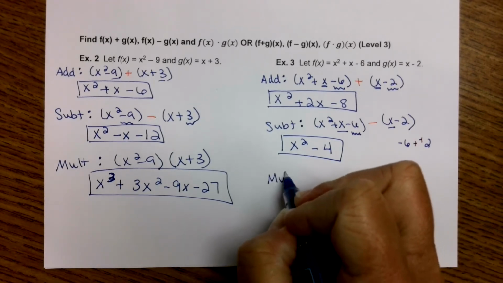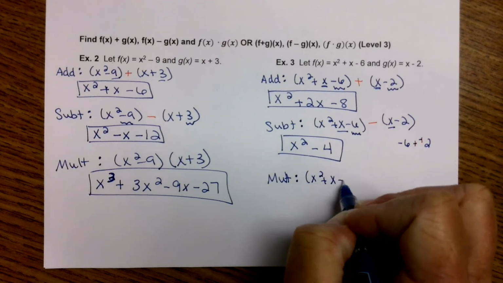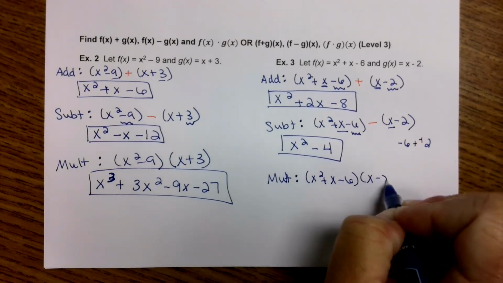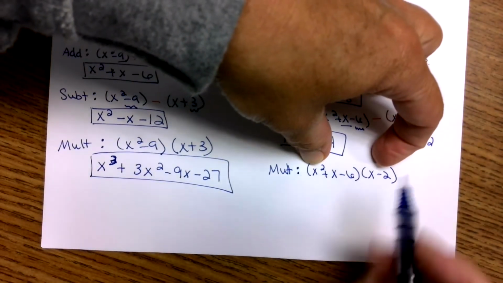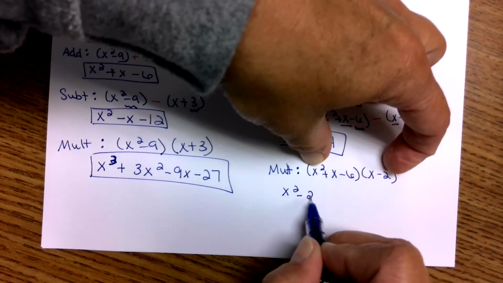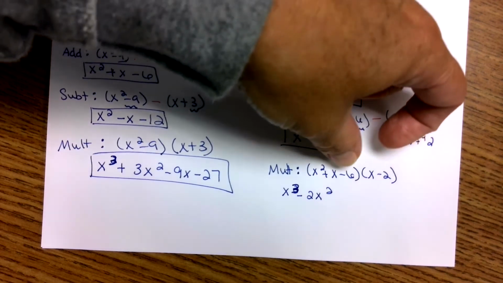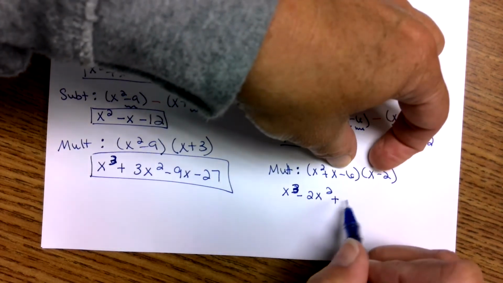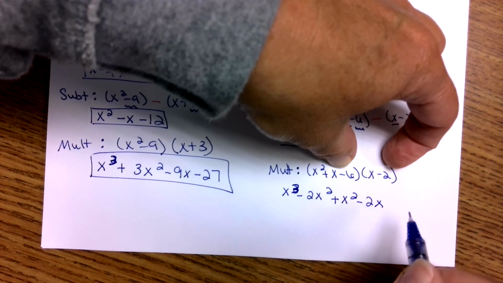To multiply these, we're going to take x squared plus x minus 6 times x minus 2. We're going to distribute. X squared times x is x cubed. X squared times a negative 2 is negative 2x squared. Oh, I said cubed and wrote down squared. X times x is x squared. X times negative 2 is negative 2x.